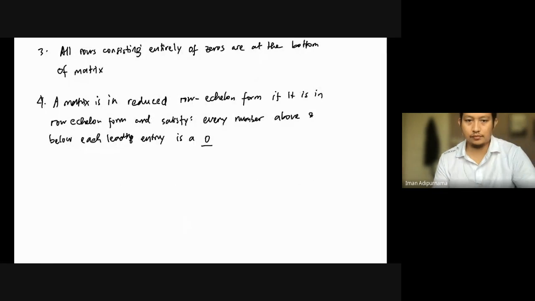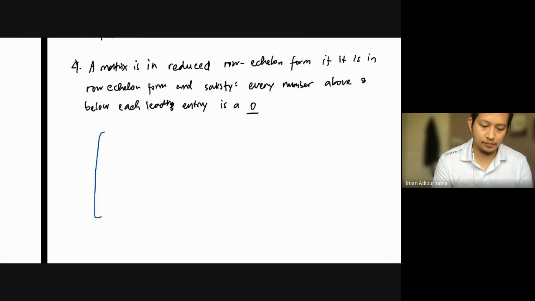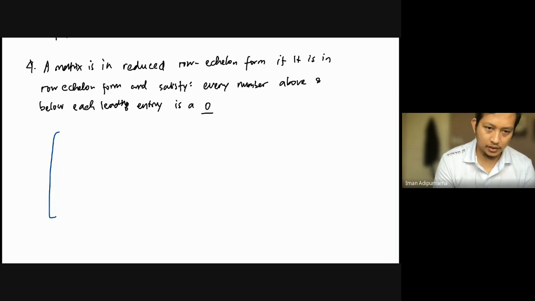For example, if I have a random augmented matrix that is already in the middle part of the process of echelon form, let's say we have this.